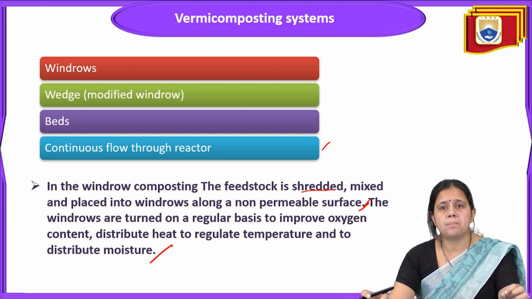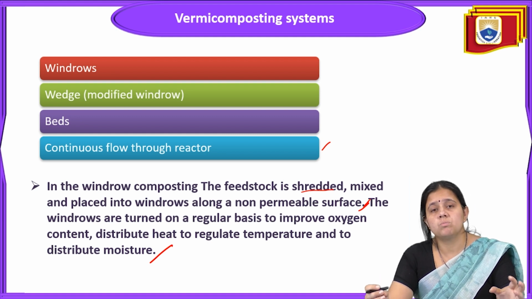So inside the bin, what happened? The feedstock is shredded, mixed and placed, and this acts as a non-permeable surface, and the windrows are turned at regular intervals to improve the oxygen content, distribute heat to regulate temperature, and distribute the moisture content of the waste also.